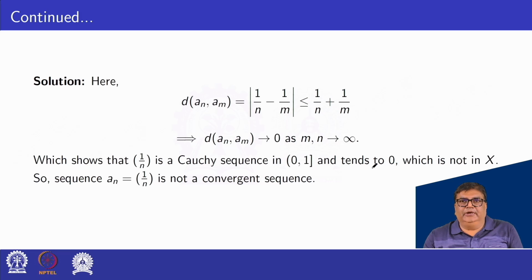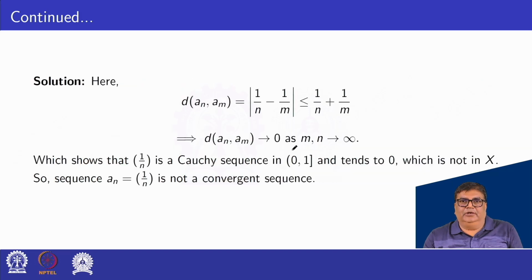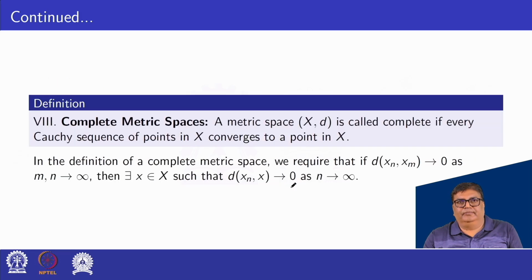It tends to 0, which is not in X. In the interval (0, 1], 0 is not covered. So d(a_m, a_n) tends to 0 as m, n tend to infinity, but 0 is not a member of this interval. Hence, the sequence a_n is not a convergent sequence.